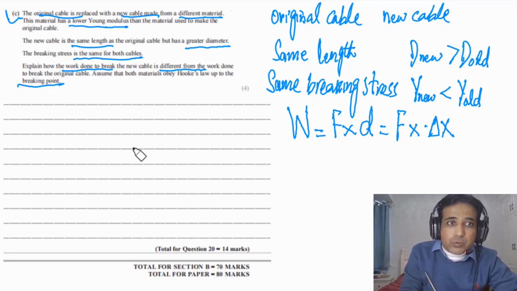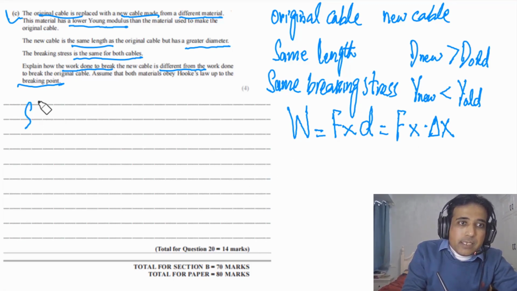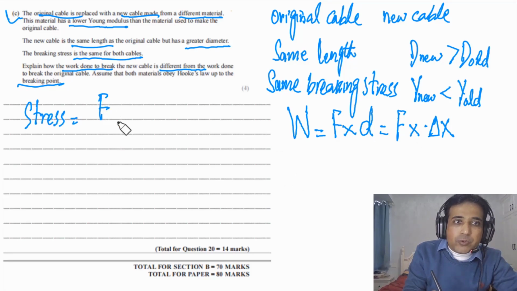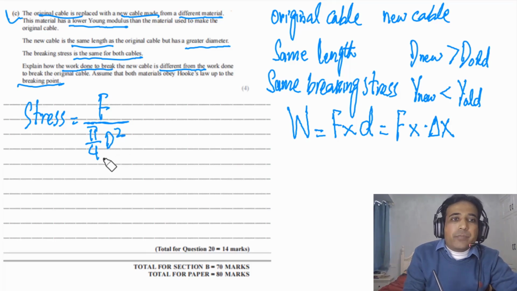To find force, we can use stress. The breaking stress is equal to the force divided by cross-sectional area, so we can say this will be equal to pi by 4 d squared. They have the same value of breaking stress, but in this case, the value of d is greater.